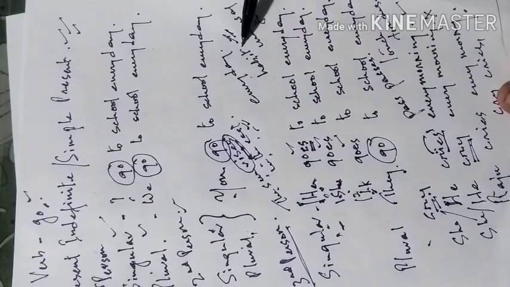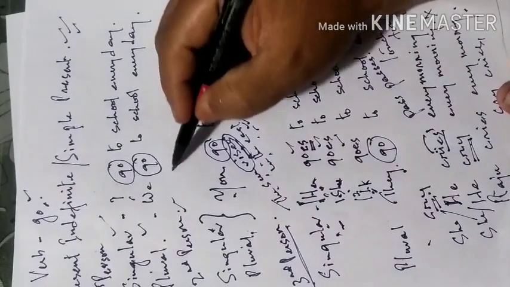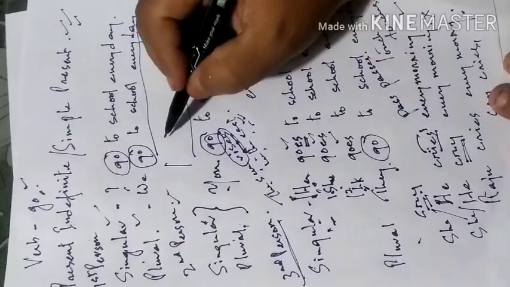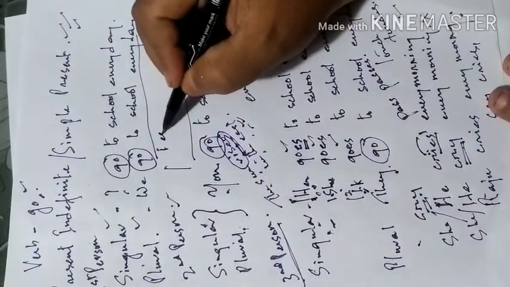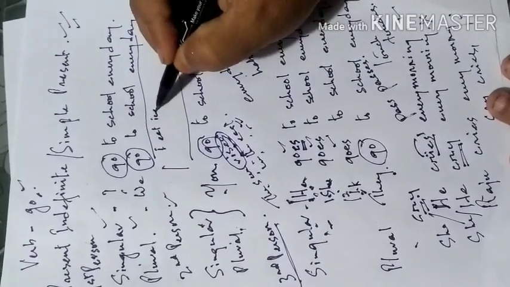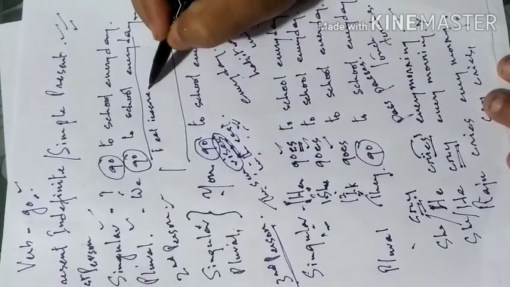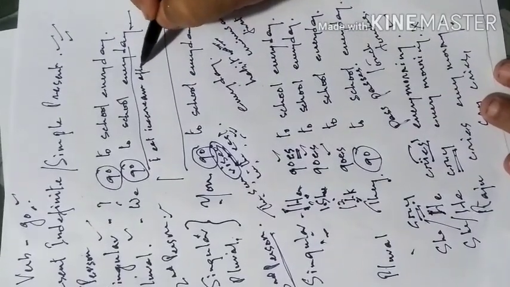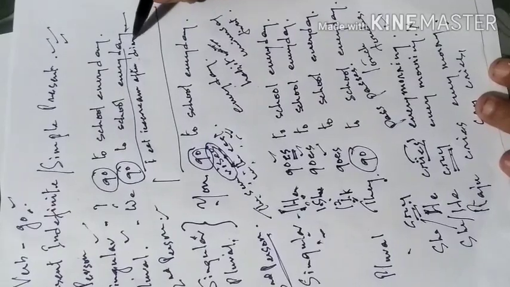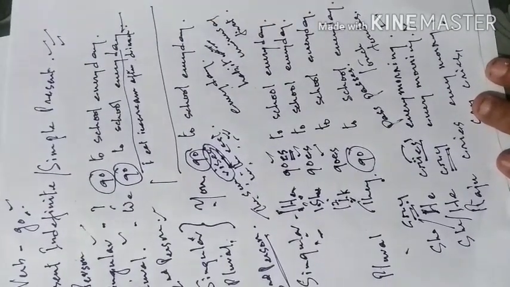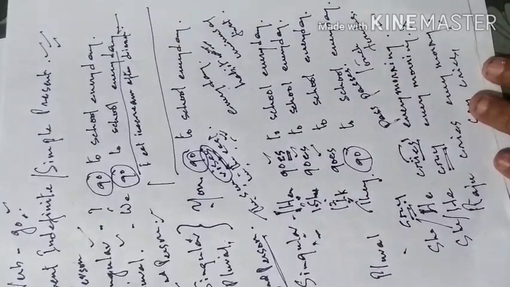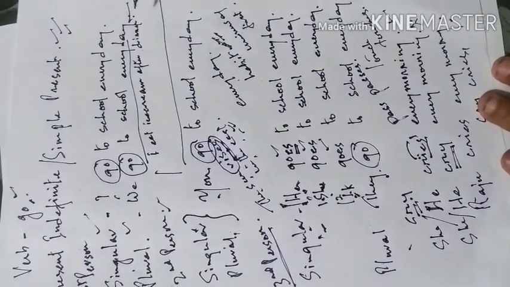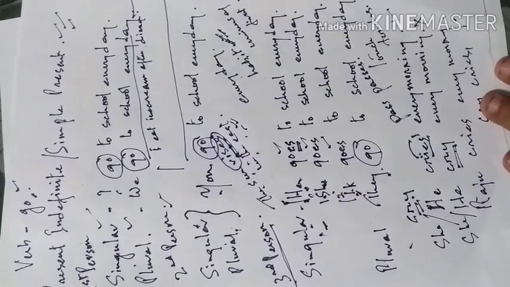Then if I were to talk about habit, I can say, I eat ice cream after dinner. If I say I eat ice cream after dinner, I'm talking about something which I usually do after having my dinner.